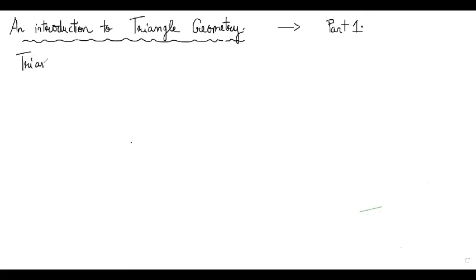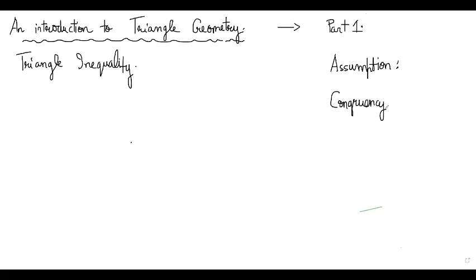What I'm assuming that you already know in this class is the basics of congruency and similarity of triangles, right? I'm sure everyone knows the criteria for congruency and similarity.